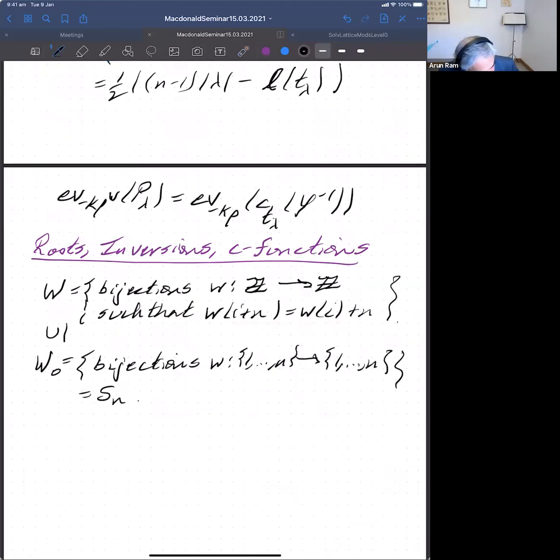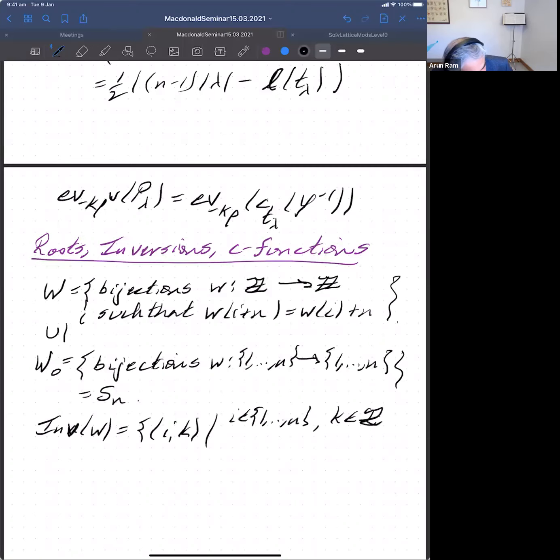Now, one of the first things you learn in symmetric group is that the inversion set is going to be of importance. So the inversion set consists of all roots, where a root is a pair of numbers. So i will be between 1 and n, and k is an integer. And i should be less than k, and w i should be greater than w k.